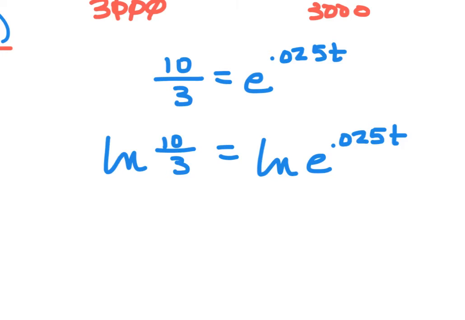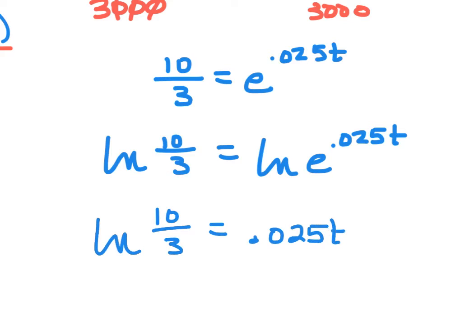And remember that when you have that exponent there, that becomes a coefficient, 0.025t times ln of e. But remember that the ln of e is equal to 1.